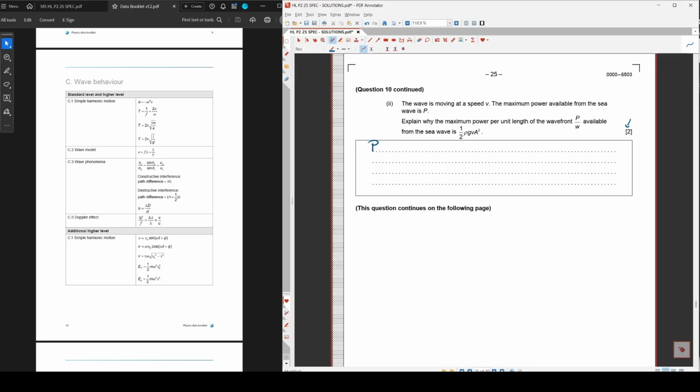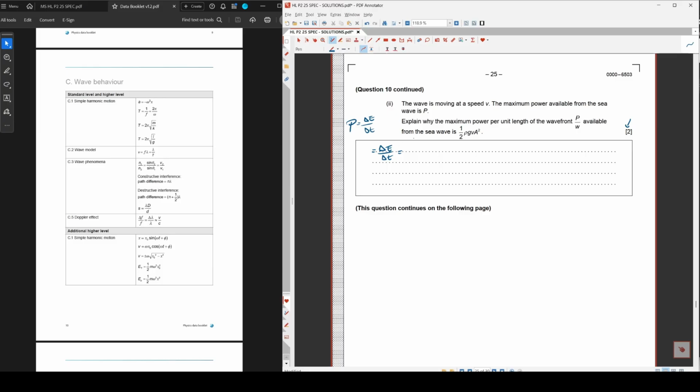Okay, I want to start with power. The one thing to start with for power, always think it's energy over time. That's what power really is. That's the most important definition of power. It's not F times V. So energy over time, I just found an energy in the previous question. So the energy over time situation is that potential energy I just found.